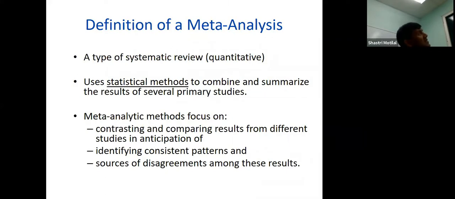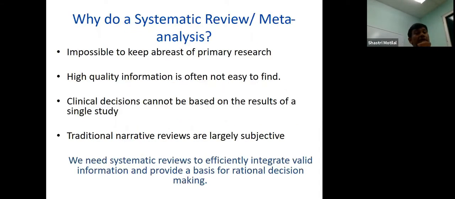And we said that if the systematic review is quantitative, we call that a meta-analysis. And a meta-analysis, remember M for maths, maths is statistics. A quantitative systematic review is where we use statistical methods to combine several studies, right? And we see what a meta-analysis is. So, I mean, why do we want systematic reviews? We say we shouldn't practice medicine based on one trial.